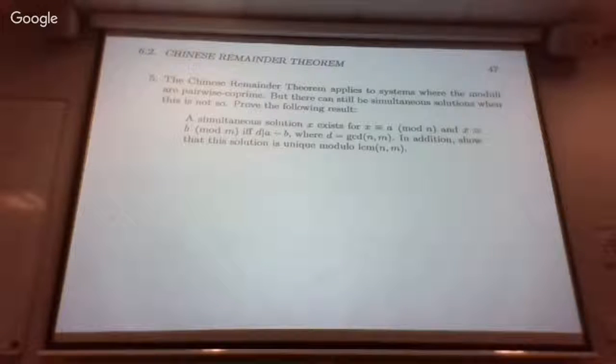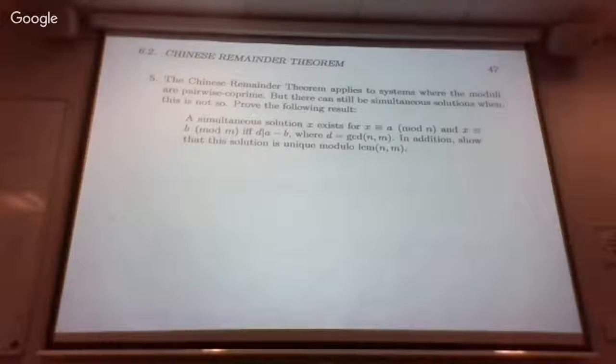This if and only if statement we're going to try and prove is stated for any n and m, but in the special case when n and m are co-prime, it exactly corresponds to the Chinese remainder theorem. If they are co-prime, their greatest common divisor is 1. So it's saying solutions exist if and only if 1 divides the difference. Well, 1 divides everything. So it's saying solutions will always exist.